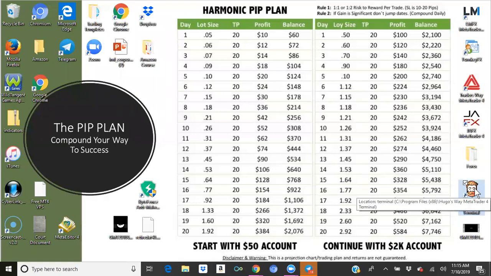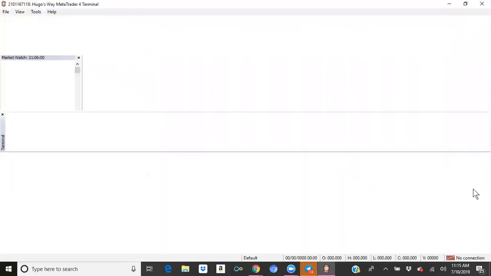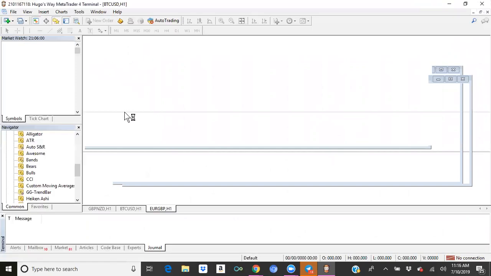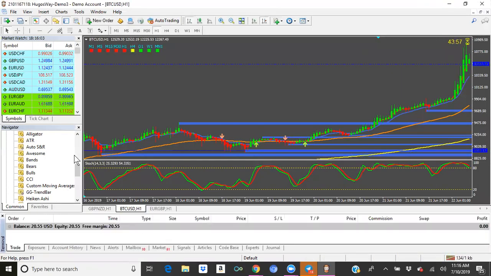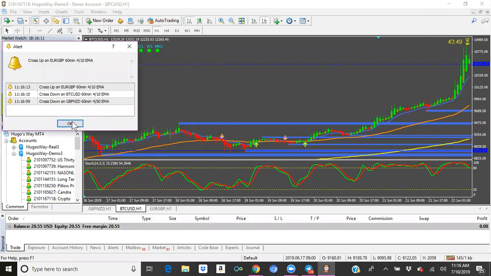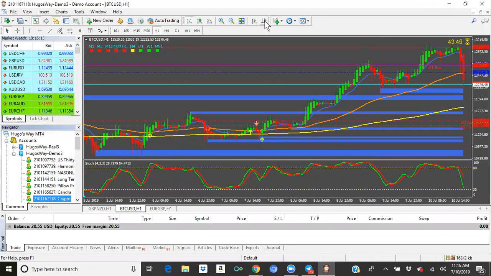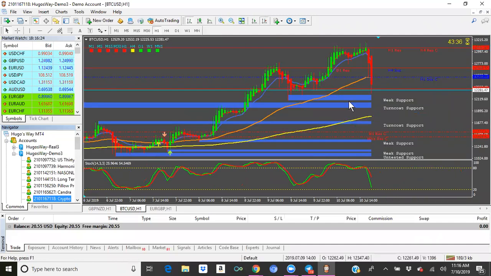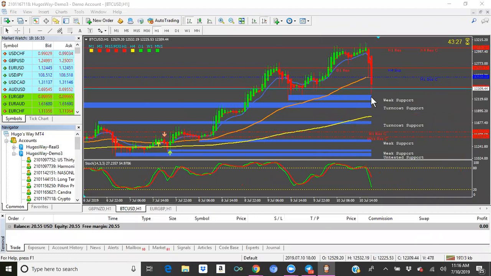So let's go ahead. We're going to take a look at Bitcoin. This is a good spot for a buy. Weak support, turncoat support.